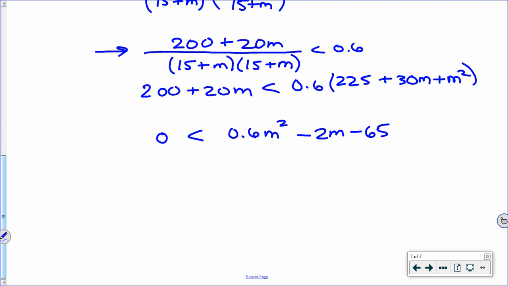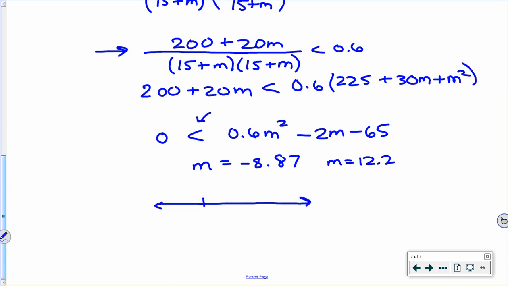And if it was an equal sign, and it equaled 0, then M would be negative 8.87 and 12.2. But for an inequality like this, where we had to factor or use polynomial tools to solve, the answer is going to be either in between the two results we just found or outside of the two results we just found. So it's either going to be in here or it's going to be out here in one of these regions.